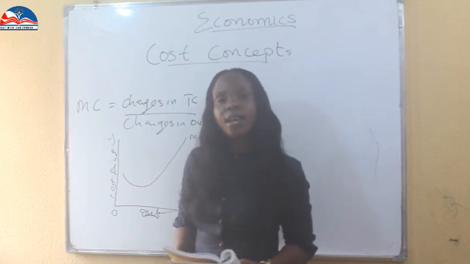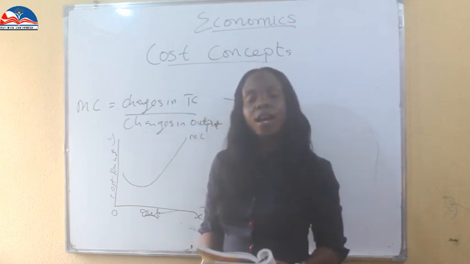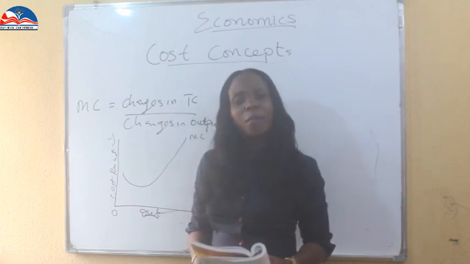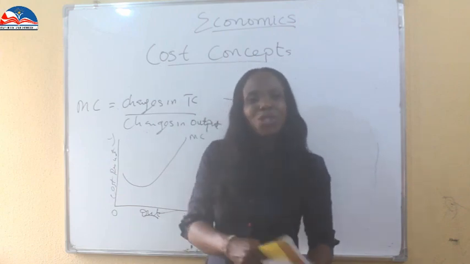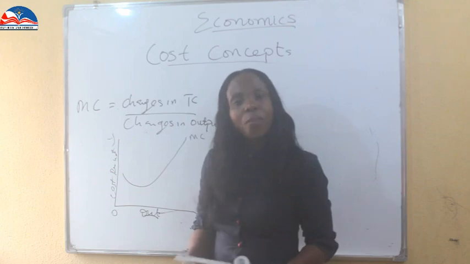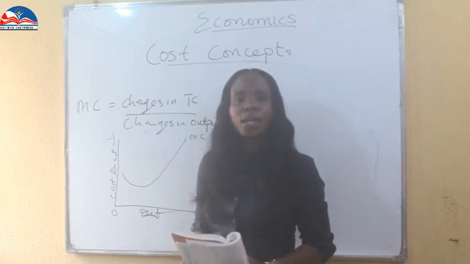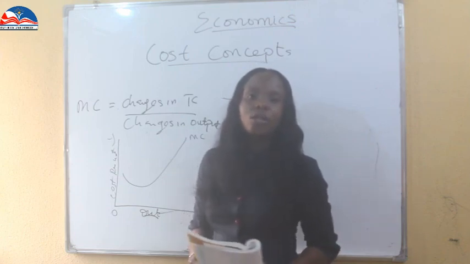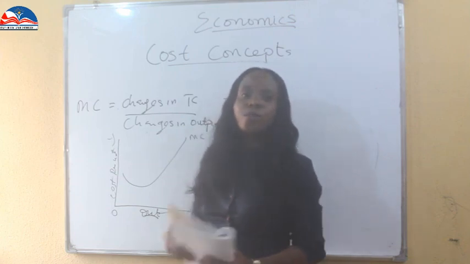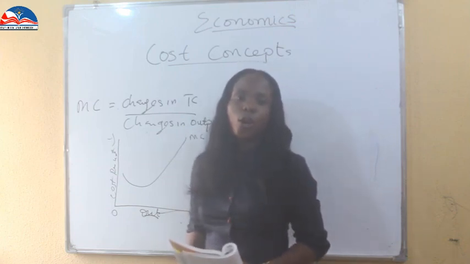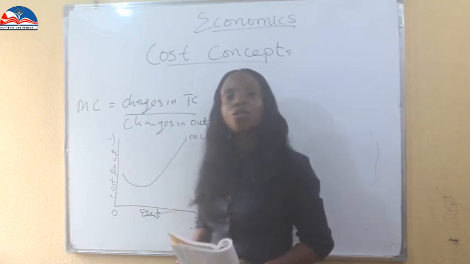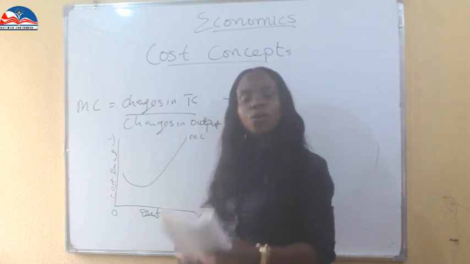The additional 10 naira price is a marginal cost because it's an additional unit added to make sure that the production process completes. So it's an additional cost. The cost of 50 naira was not able to carry out the production completely. So they added an additional cost of 10 naira to complete the production.